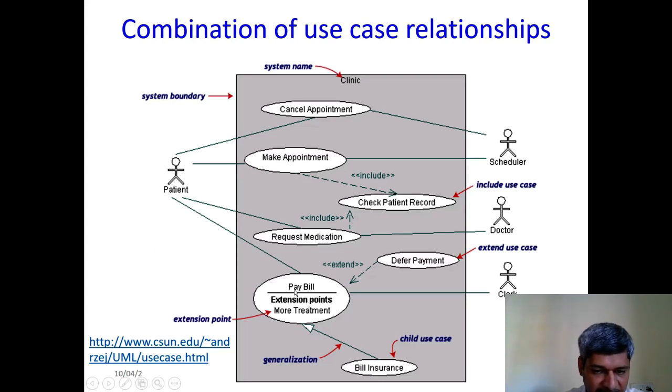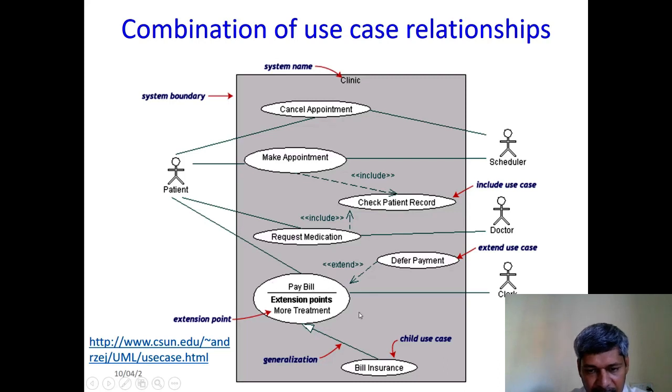But there can be extension behaviors for that. For example, when you are paying the bill, the extension point is whether the treatment is finished or not. If there is an extension that more treatment is necessary, you are not going to generate the bill payment immediately, isn't it?